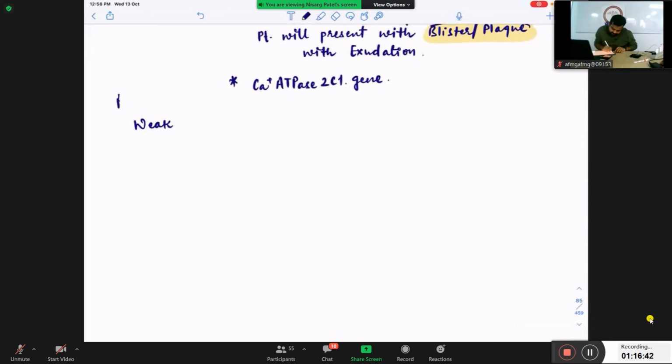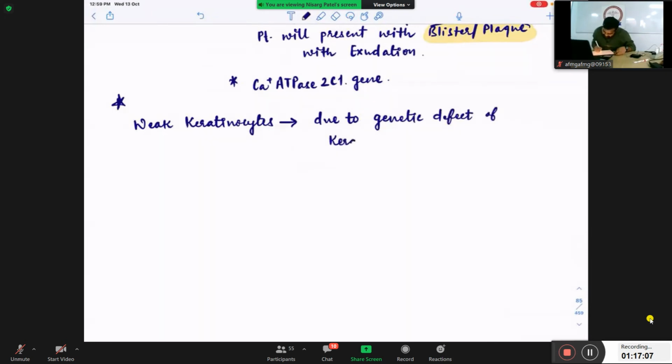Okay. Second abnormality, weak keratinocyte. So see this: weak keratinocyte due to genetic defect of the keratin filament.